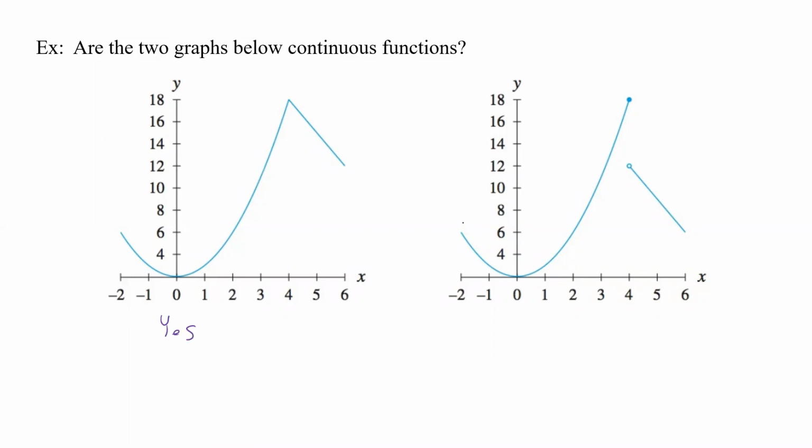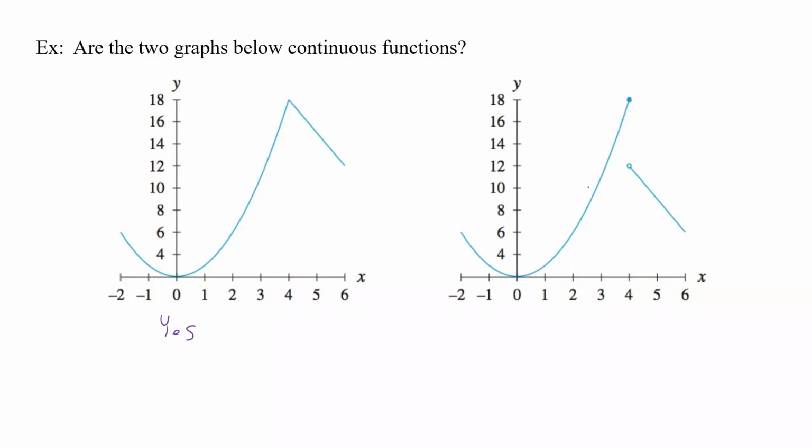Now, what about this one? If we go by the pen test, if you have to lift your pen, then it's not continuous. At that point there, boom, we have to lift our pen to get down to here and go here. But we can look at it in different ways. Does f of c exist? Yeah, it exists, it's right there. Does the limit exist? Is it equal?